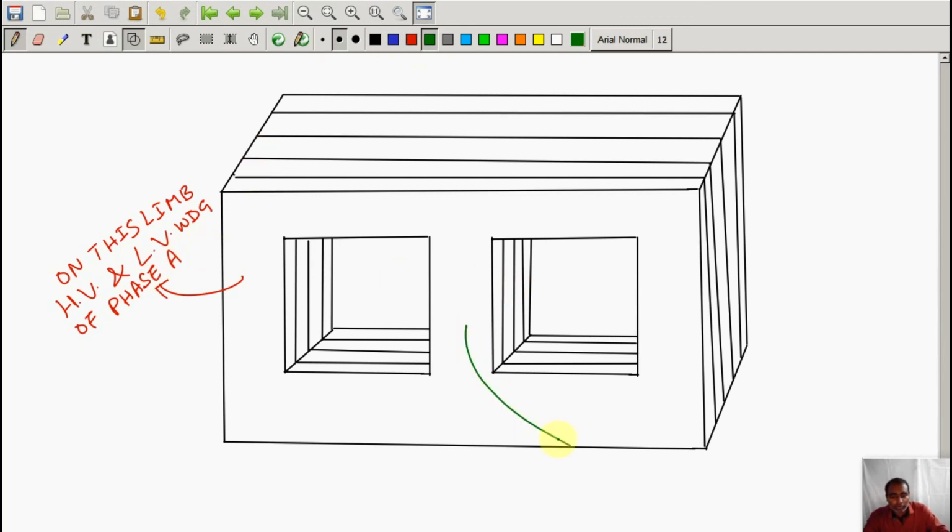Likewise, on this limb, what is going to be placed?